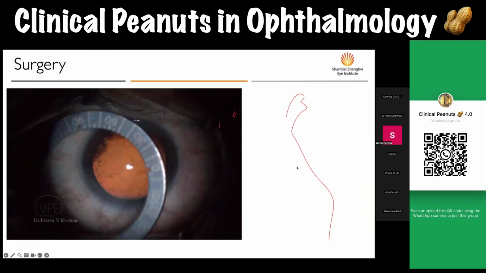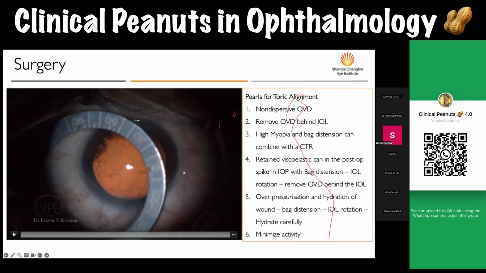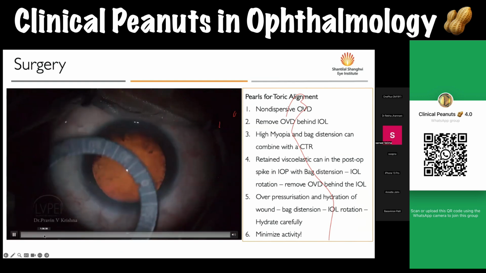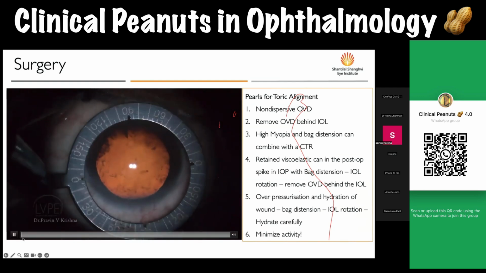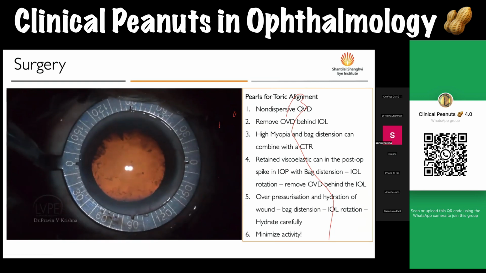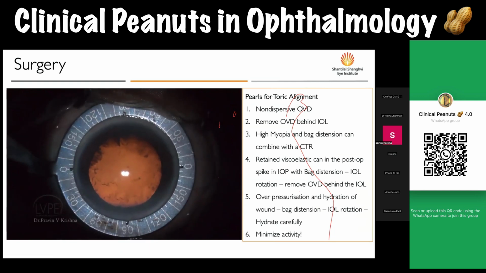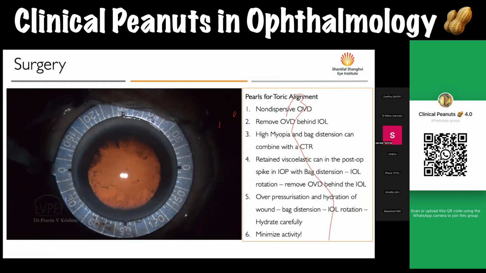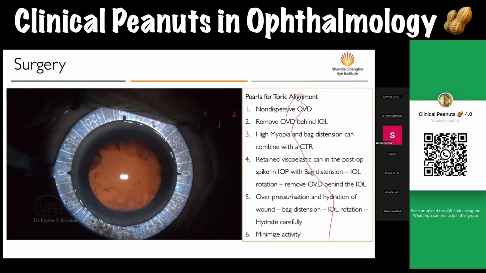So I thought I'd end with just pearls for toric alignment when you're actually doing surgery in the eye. I'm grateful to my mentor, Dr. PVK, for allowing me to use this video. This is a beautiful technique of marking the toric lens. A Mendez marker is used, and it is placed again on the previously marked 180 degrees.